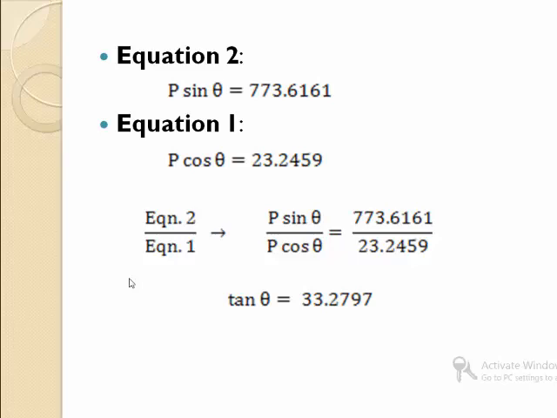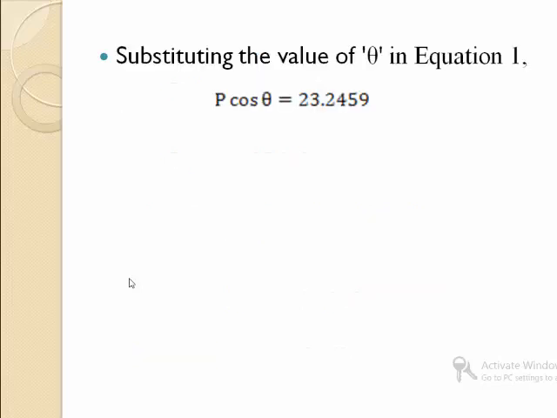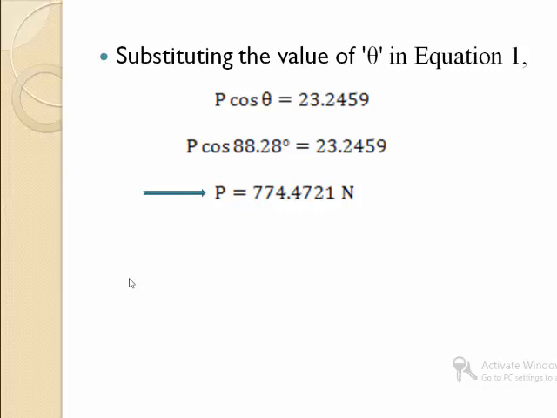So P and P will get cancelled. Sin theta by cos theta is equal to tan theta. So from which we can calculate the value of theta as 88.28 degree. Okay. So by substituting this value of theta in either equation 1 or 2, we can get the value of P as 774.4721 Newton. Okay.